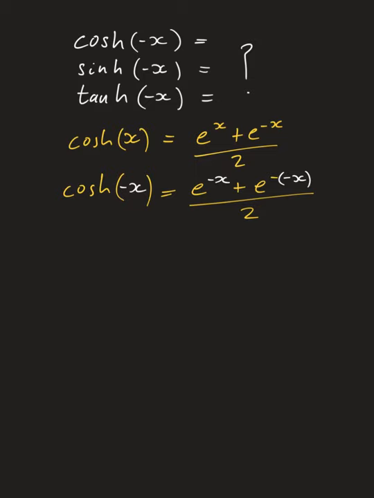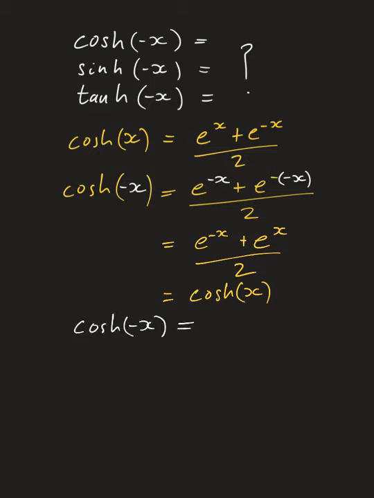Well, that e to the power of minus minus x is just e to the power of plus x. So we have this. Now it doesn't matter what order those top two terms are in. If you look at the definition for cosh of x, that's exactly what we have. So that's equal to cosh of x. So we actually have that cosh of minus x is equal to cosh of x.